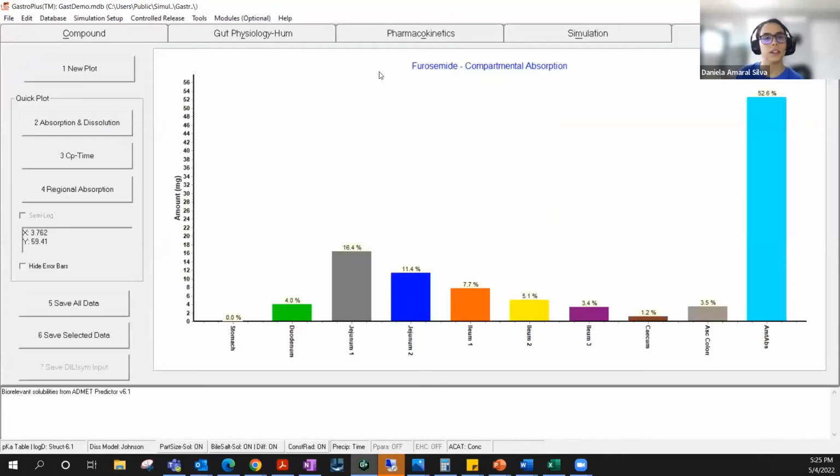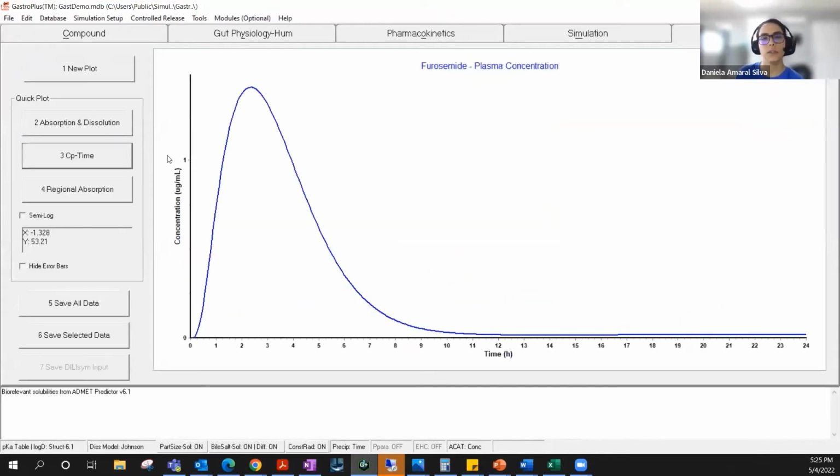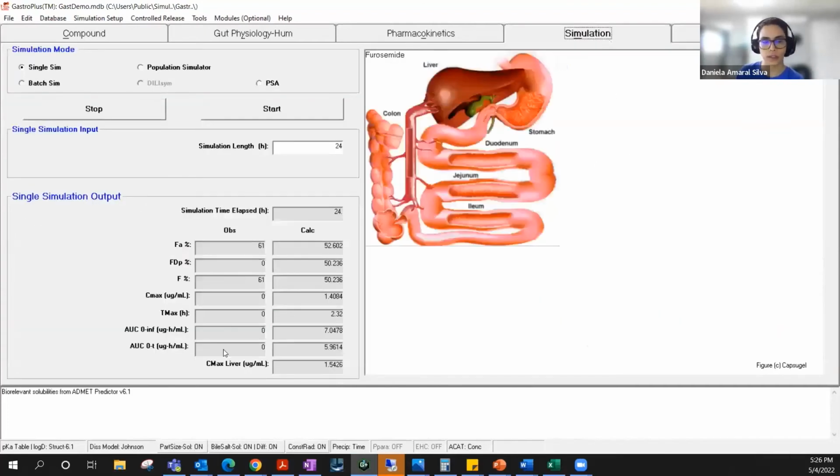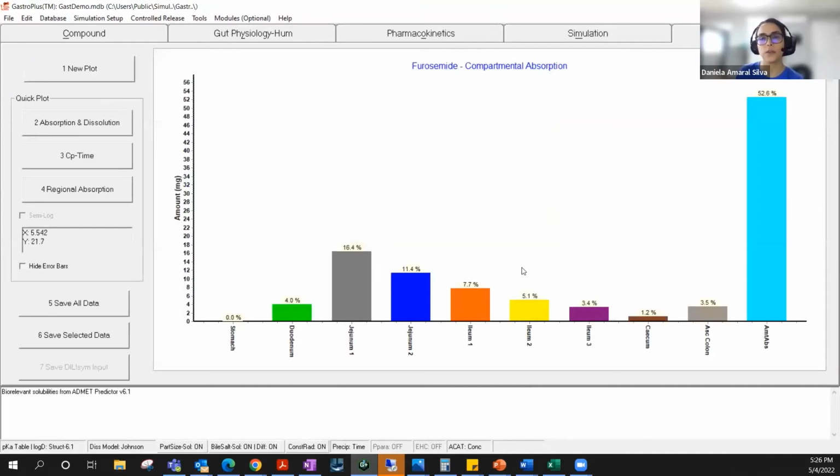And here, then they would see for the CP time, we have that curve. They couldn't really get much information about it. But then when we come to regional absorption, they would see that. And also here with the output, they could see that, well, 50% is being bioavailable, as opposed to piroxicam that had nearly 100%. So here they would also be able to see the regional distribution.